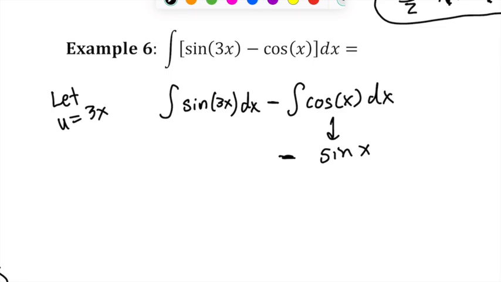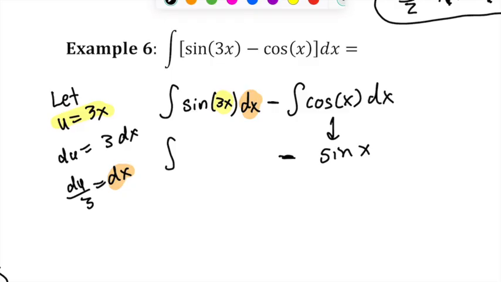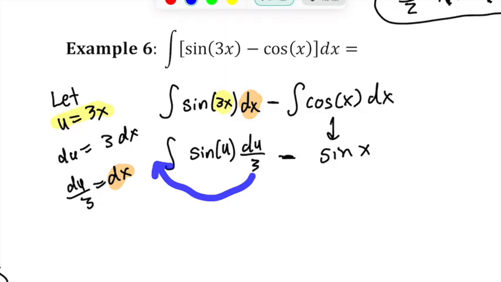We'll let u equal 3x. du is going to equal 3 dx. And then if I solve, I'm going to get du over 3 is dx. So if I substitute everything in, it will be sine of u and then du over 3. I'm going to pull this 3 outside to make it 1/3.